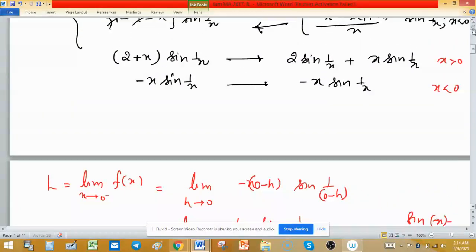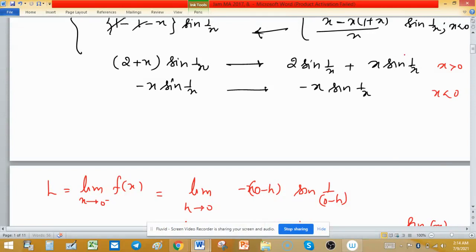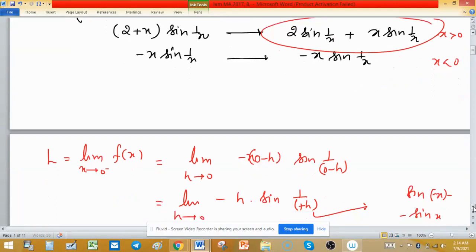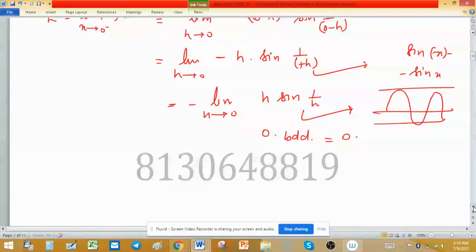So the expression for the right hand limit is this, as I have ovalled with the red marker: 2 sine 1 upon x plus x sine 1 upon x.